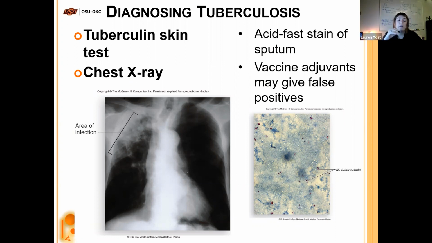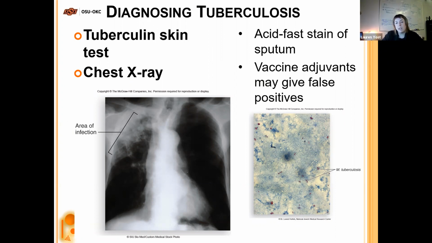And then we can look at it under the microscope with that acid-fast stain. Remember that if you are acid-fast, what happens is the mycolic acid in your cell walls, because you are gram-positive, makes you all waxy and everything like that.